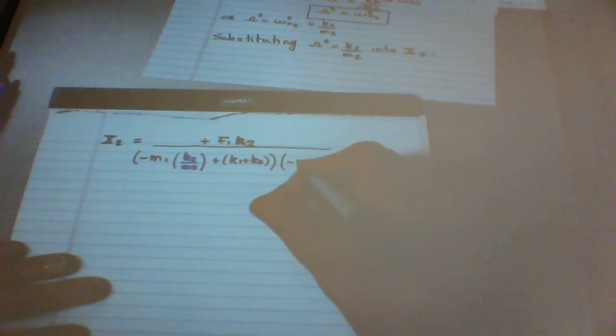So X2 will be equal to minus F1 K2 over minus M1 K2 over M2 plus K1 plus K2 times minus M2 K2 over M2 plus K2.